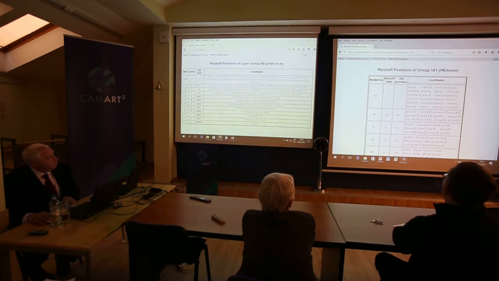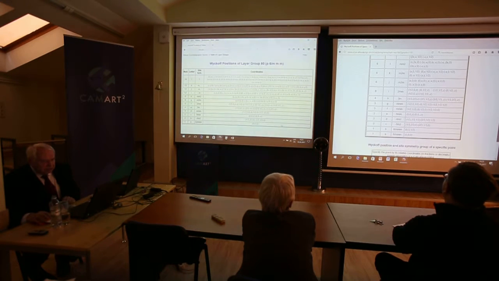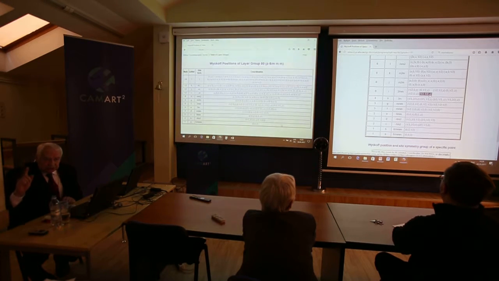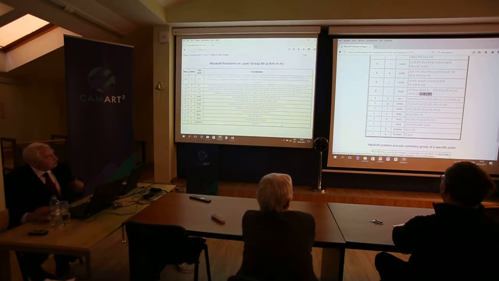And now let's see: 0, 0, 0. These halves disappear because the translation along the third direction is absent. And these Wyckoff positions disappear. But Wyckoff positions with arbitrary z remain. Is it clear? We have no third direction for translation. So this is layer group, and this is space group.